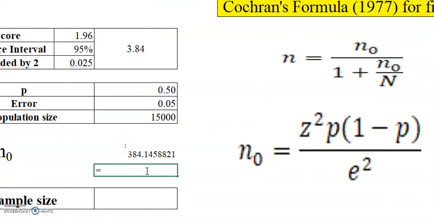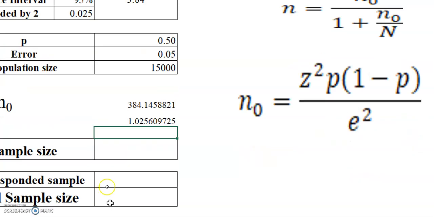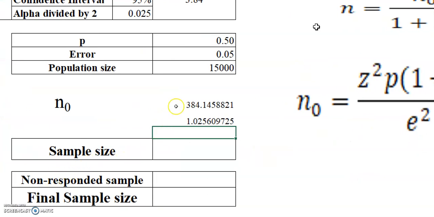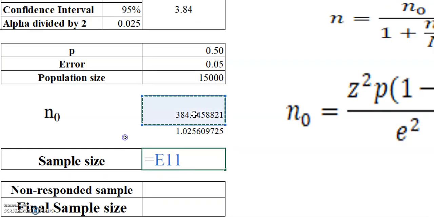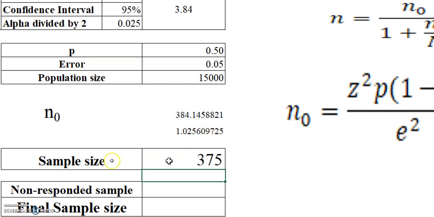So here the denominator: 1 plus, give a bracket, n0, that is this value, divided by N, meaning the population size. Close this bracket and press enter. So our sample size is equal to n0 divided by the denominator, and press enter. Now our sample size is 375.